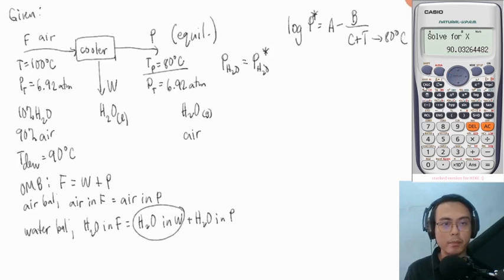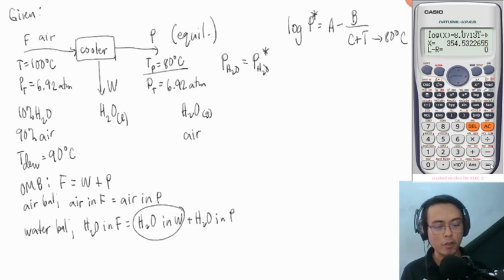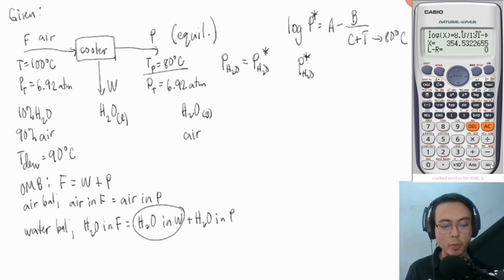Okay. Our vapor pressure is 354.53. Vapor pressure of water, this is all at the product side, is equal to 354.53 millimeters mercury.